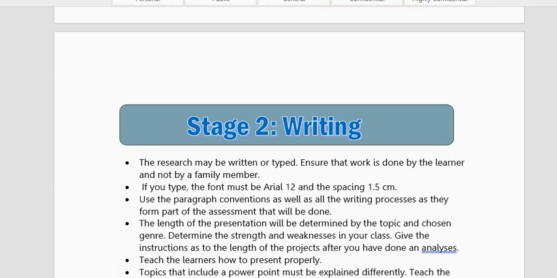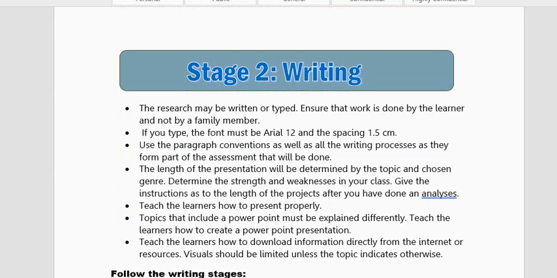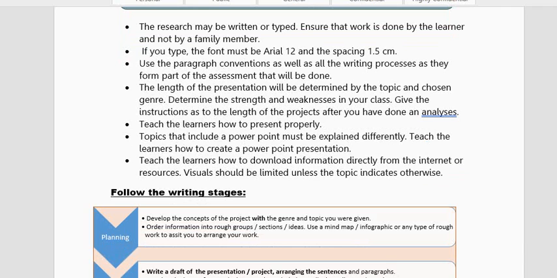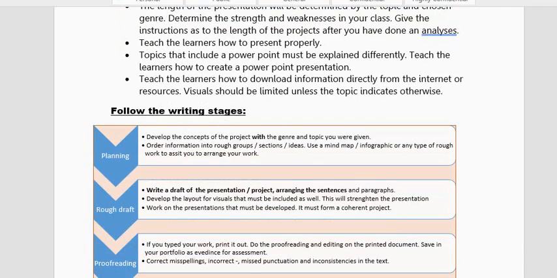Okay, ladies and gentlemen, as for the writing part of the research project, this is also known to you by this stage. It can be typed or written. If it's typed, it must be Arial 12. The spacing is 1.5, and all the writing processes must be followed.